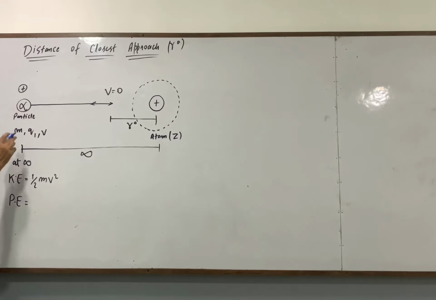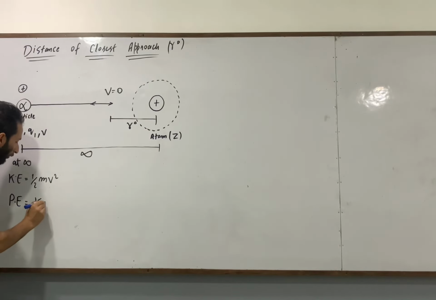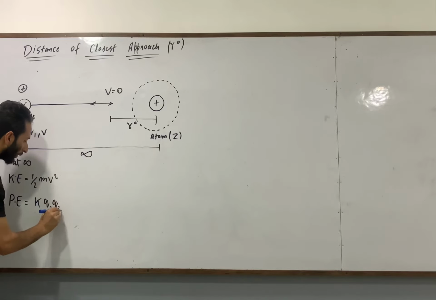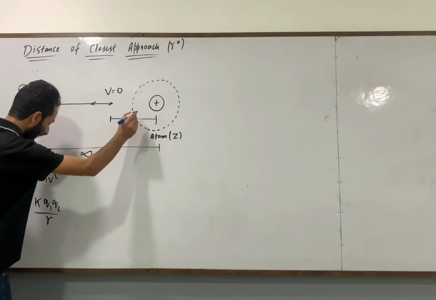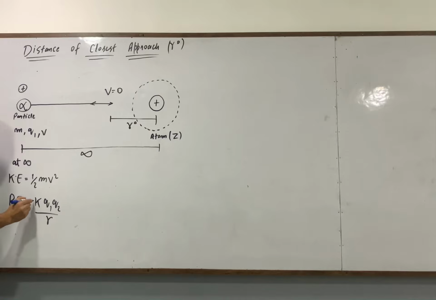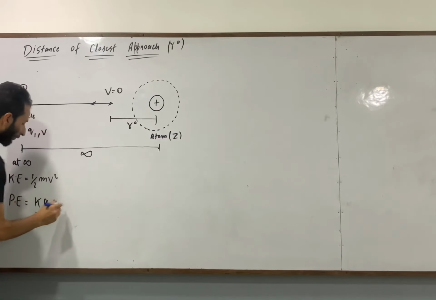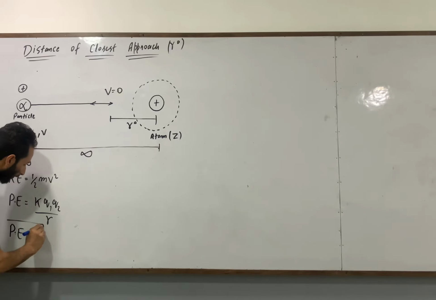The potential energy between two charges is always equal to k q1 q2 divided by r, where q1 is the first charge, q2 is the second charge, r is the distance between these two charges, and k is Coulomb's constant. Here r is equal to infinity, so when we put r equal to infinity, the potential energy becomes zero.